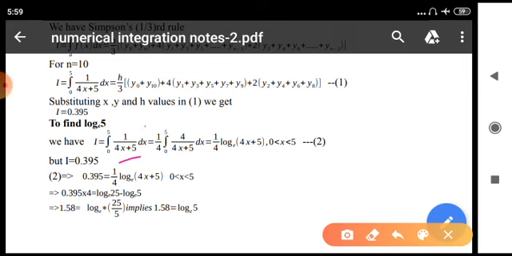Now we have to integrate directly. So it will be 1 by 4 times the integration from 0 to 5 of 4 divided by 4x plus 5 dx. That is 1 by 4 times log of the denominator.